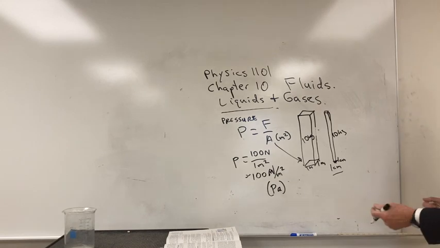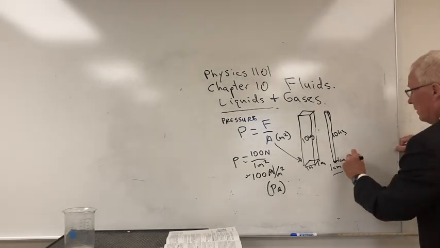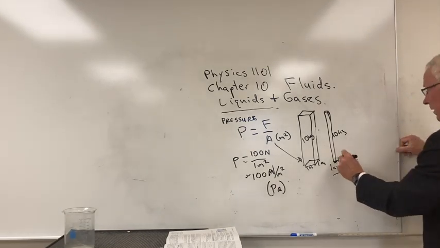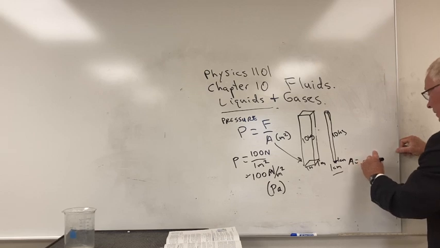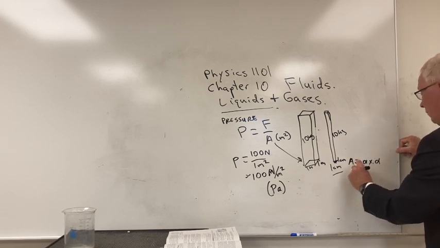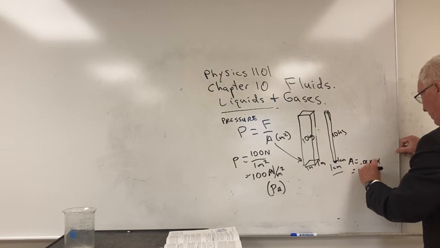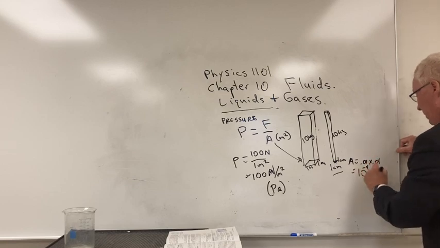Well, that area is going to be length times width, 0.01 times 0.01, which would be 10 to the minus 4th meters squared.